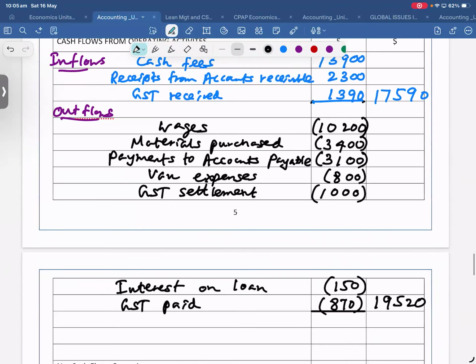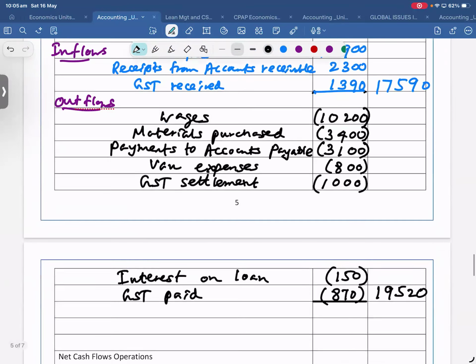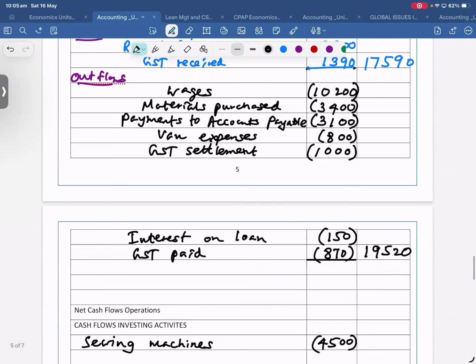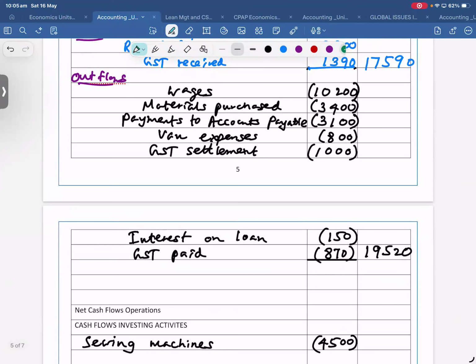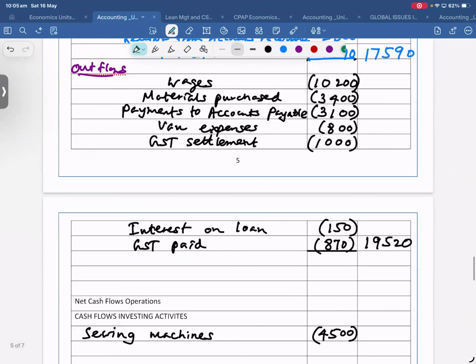Then we have 17,590 and take away 19,520. So basically you are making 1930. Right, 1930, that is negative, so put it in brackets.